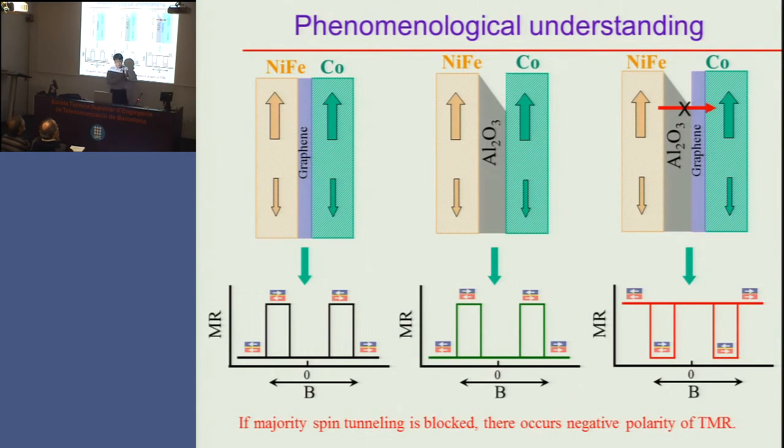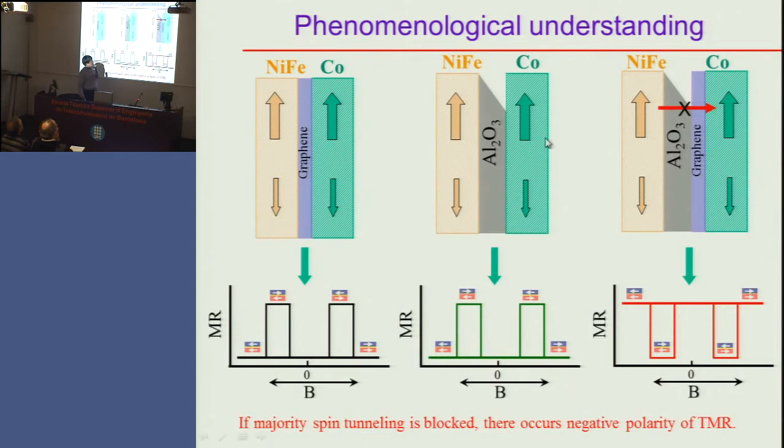What happens is they cannot tunnel directly from here to there. They can only tunnel through this from here to there. But the magnetization is this way here, and that way there. To make alignment, this material has to align that way, and this material has to be aligned this way.